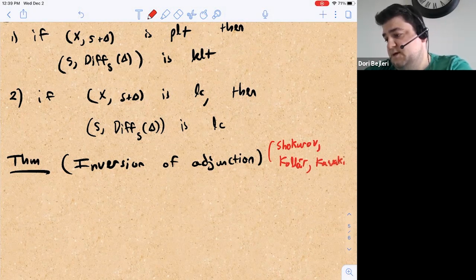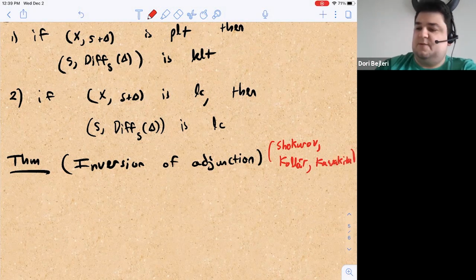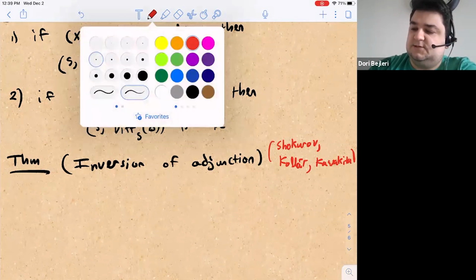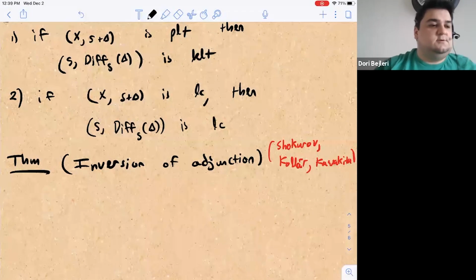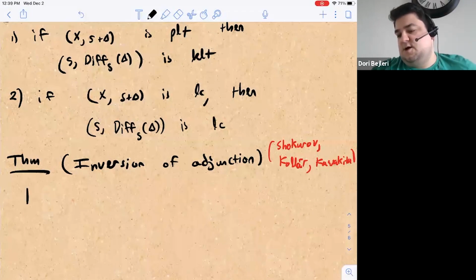There's a lot of statements that might be called inversion of adjunction. I'm just going to summarize one statement. So the inequalities above are actually equalities.